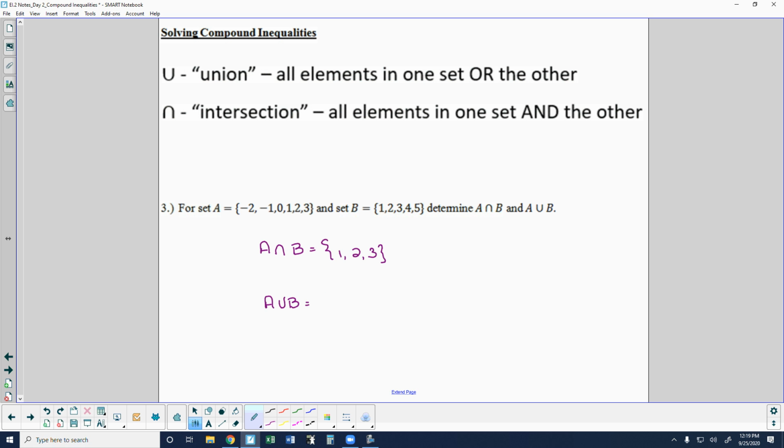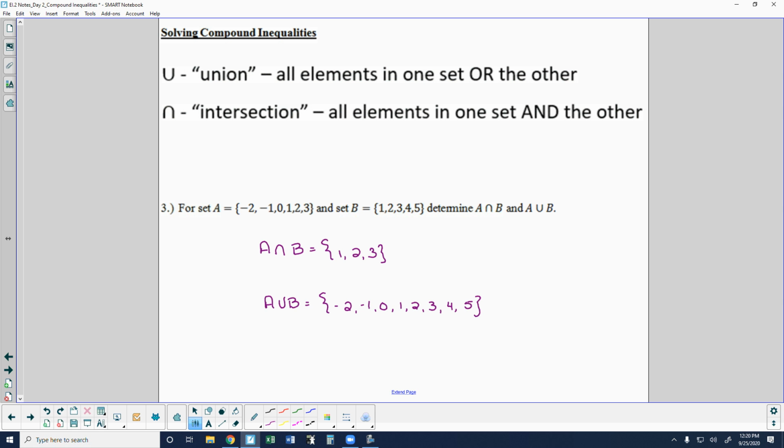The union is looking for values that are in one or the other, and potentially both. So if we look at set A, we would have -2, -1, 0, 1, 2, 3. Those are all included in set A. But in addition to that, we have some numbers that are included in set B. Those would be 4 and 5.